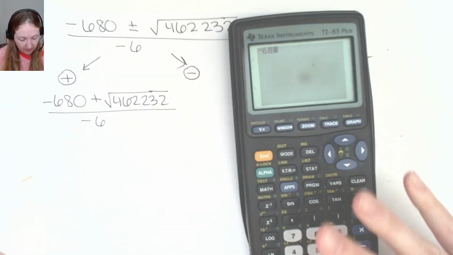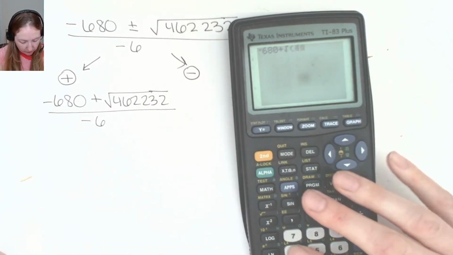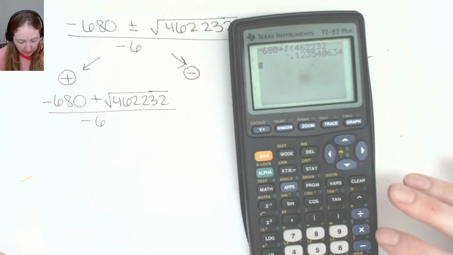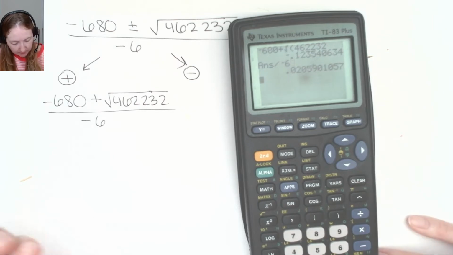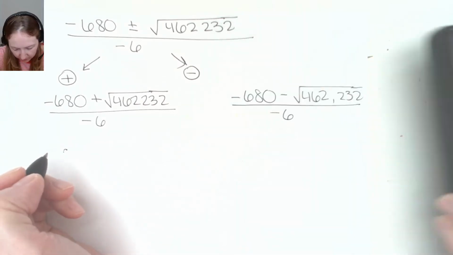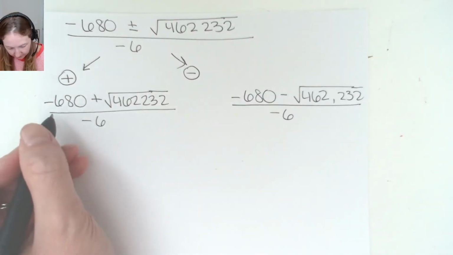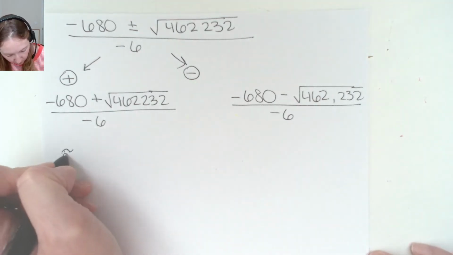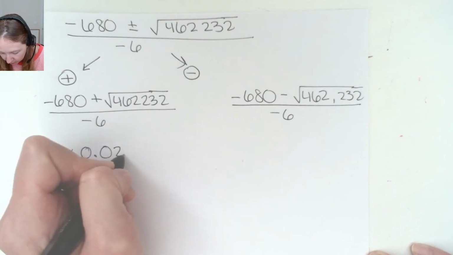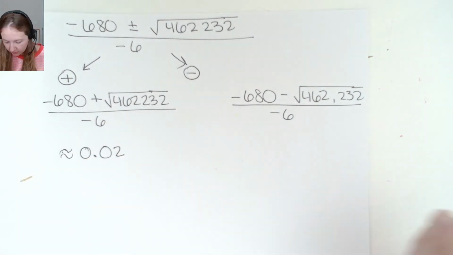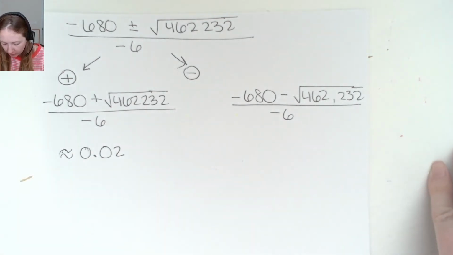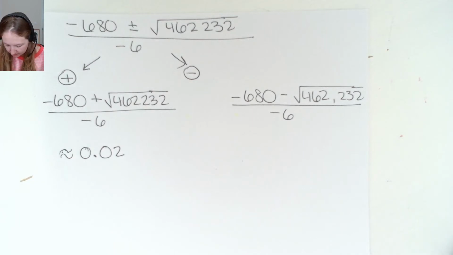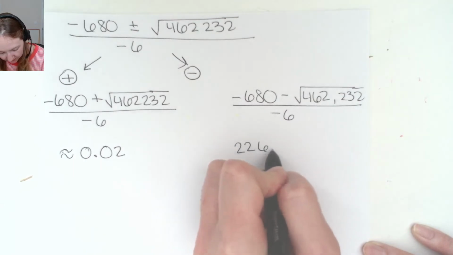You would take negative 680 plus the square root of 462,232 and then divide that by negative 6. That gives you approximately 0.02. And then over here, take the same expression but with a minus and then divide by negative 6.